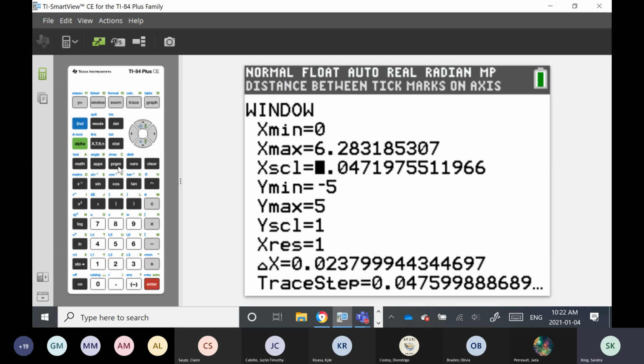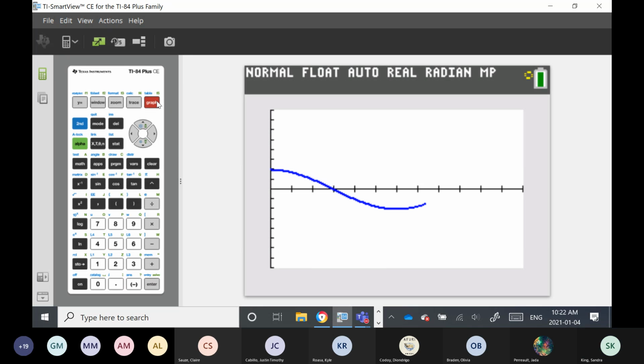And the scale factor, they said pi over 6, or we calculated to be, the minimum is -4 to 4. And the scale factor is 1/2. There. That's your graph of cos of x, right?